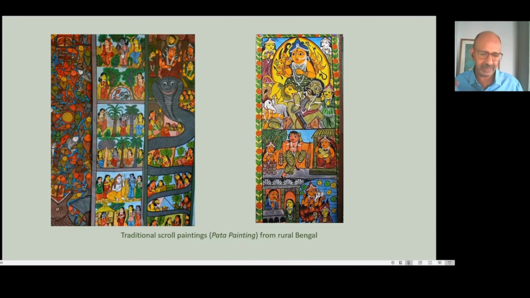So when you compare Kalighat paintings with these traditional Bengal scroll paintings, which have very compact and condensed and often congested compositions, Kalighat paintings do look extremely blank or bland, but it is not.